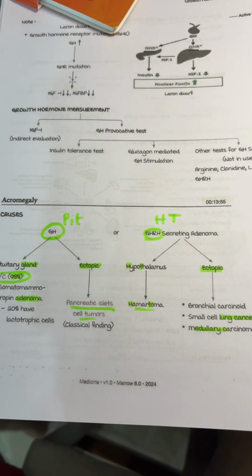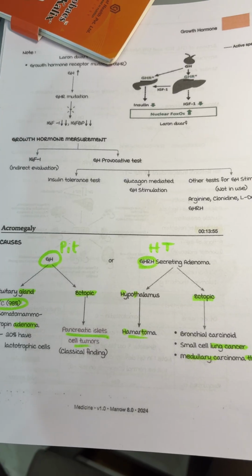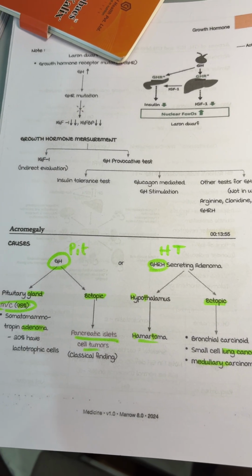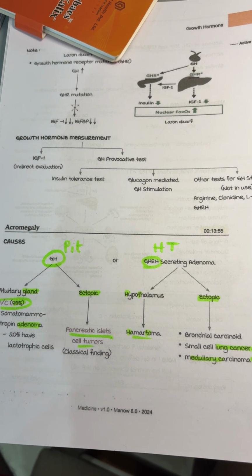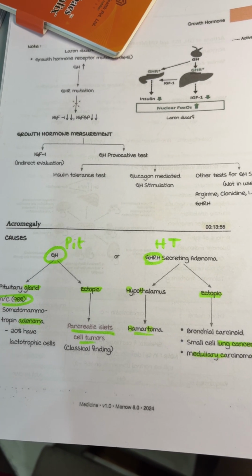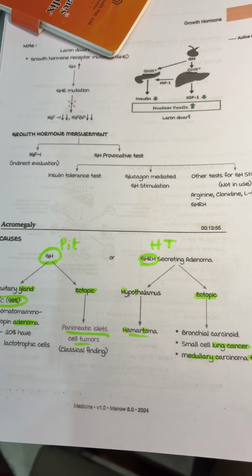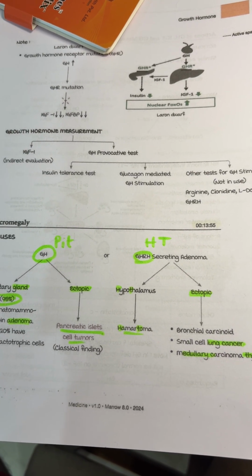The causes can be two: those primarily associated with the hypothalamus and those with the pituitary. The pituitary releases the growth hormone, and in the pituitary there can be an adenoma, which is the most common cause. It can also be ectopic secretion of growth hormone secondary to pancreatic islet cell tumors.